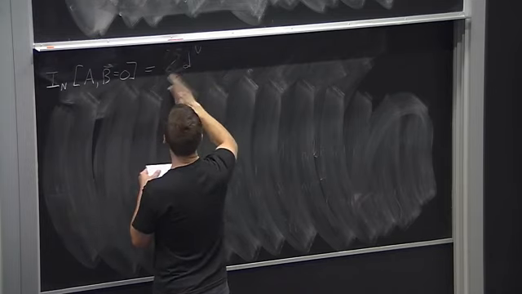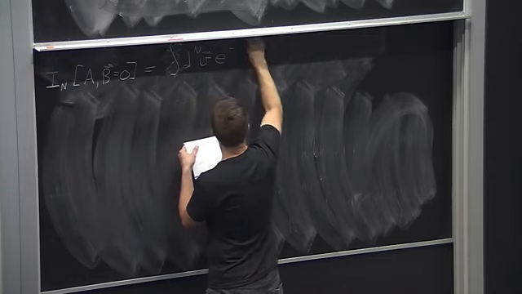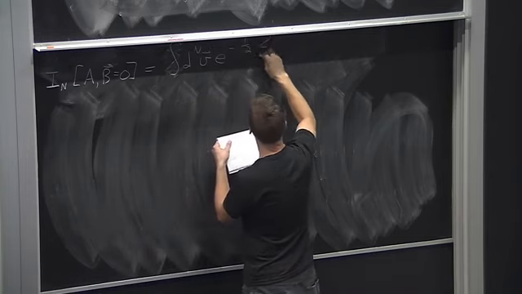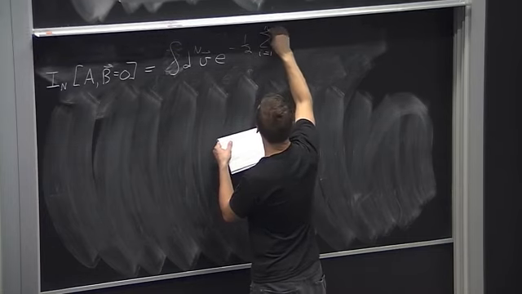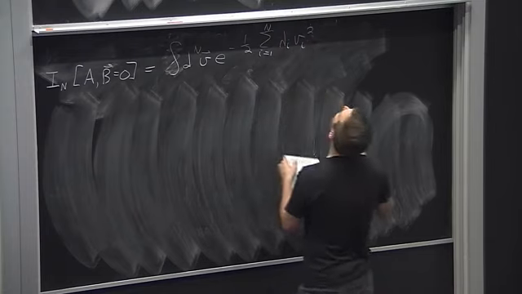Oh, that's an integral. Integral over v's of e to the minus 1/2 sum from i equals 1 to n of lambda i vi squared.